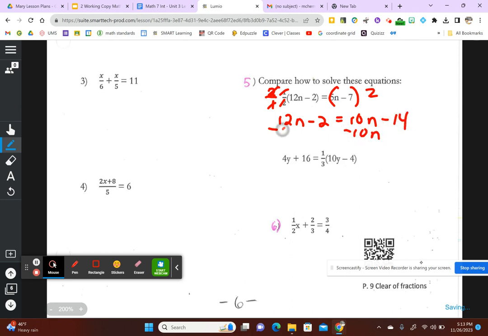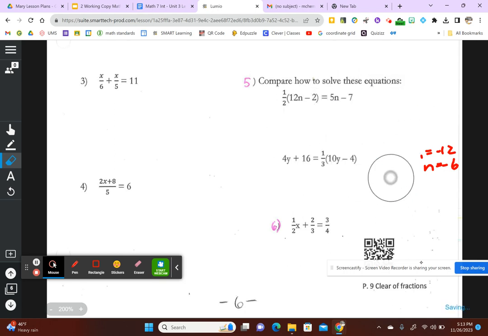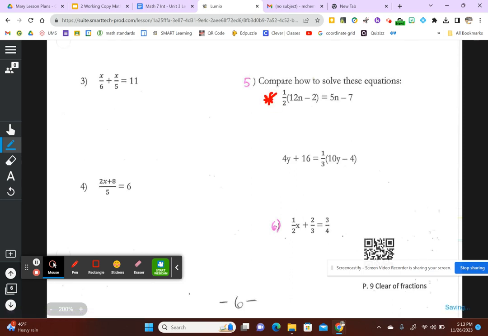Minus 10n, minus 10n. 2n minus 2 equals -14. Add 2, add 2. 2n equals -12. n equals -6. So I could have done it two different ways. So if by distributing the fraction you get rid of fractions, like in this example, go ahead and distribute.